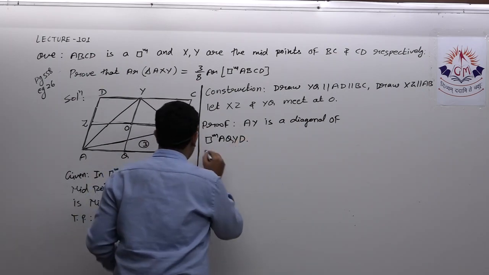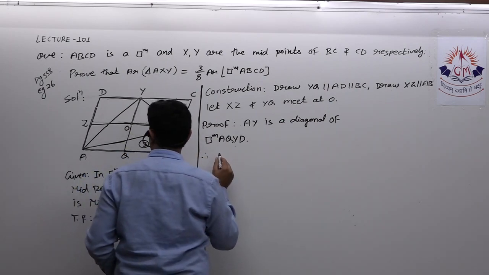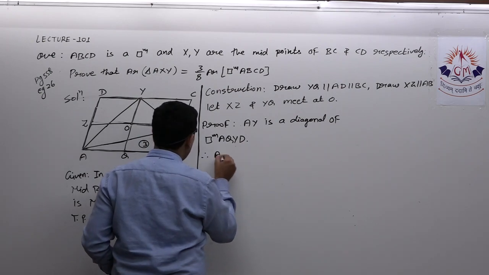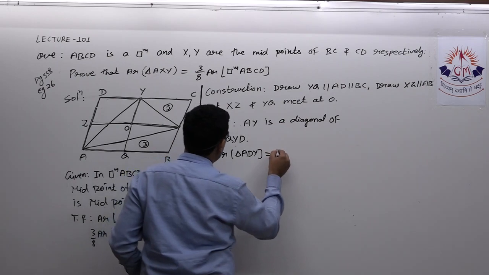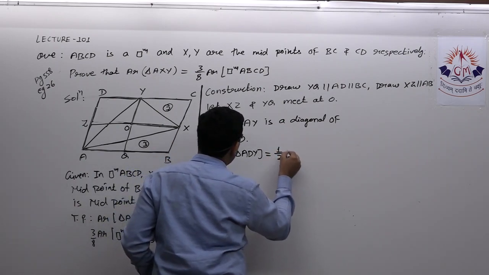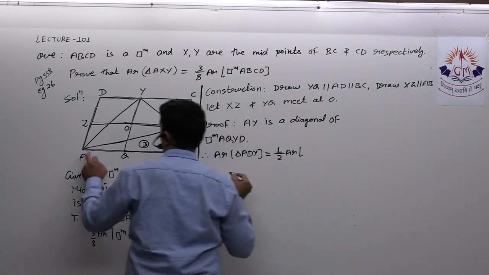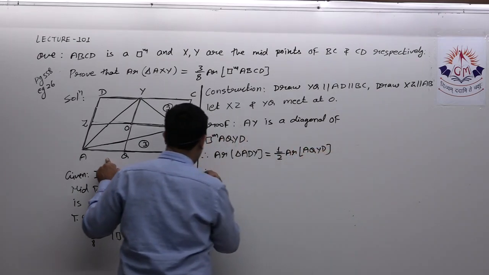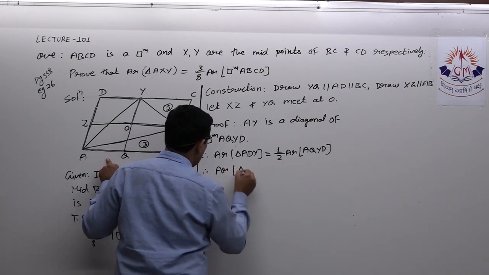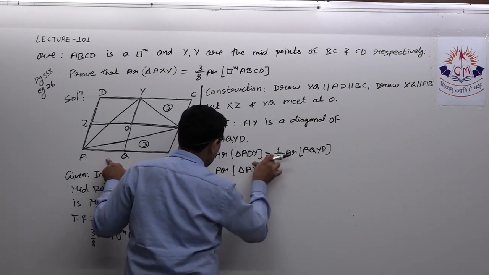Therefore I can write area triangle ADY is equal to half of area parallelogram AQYD.